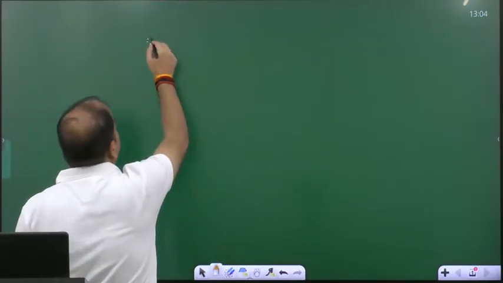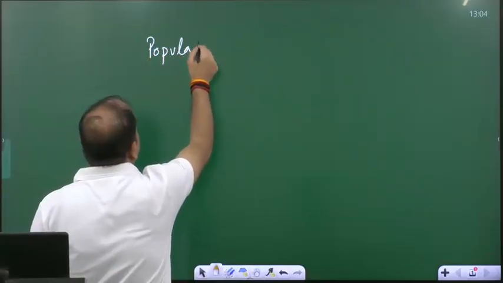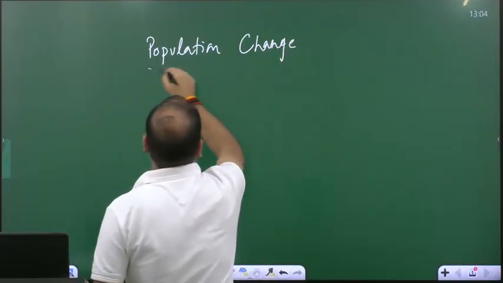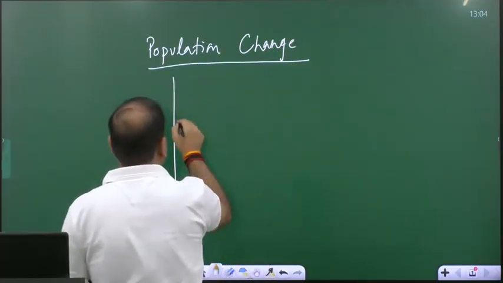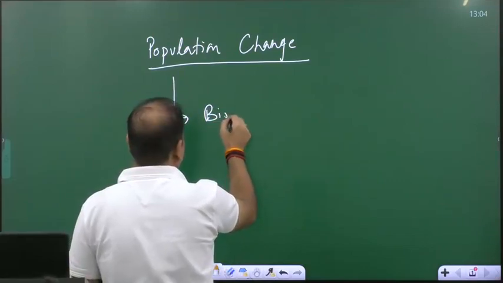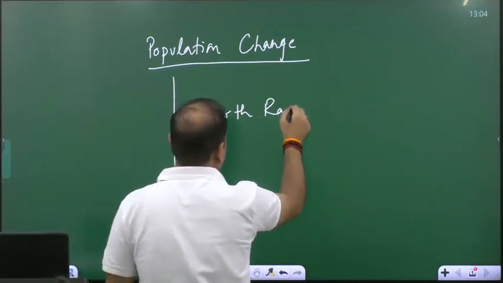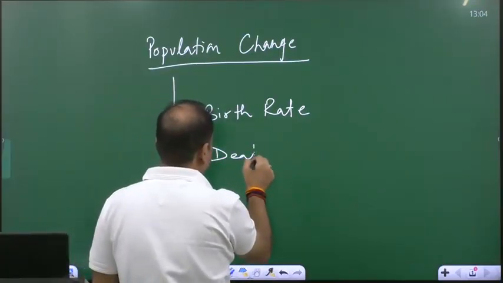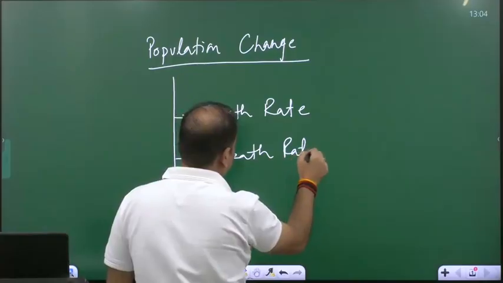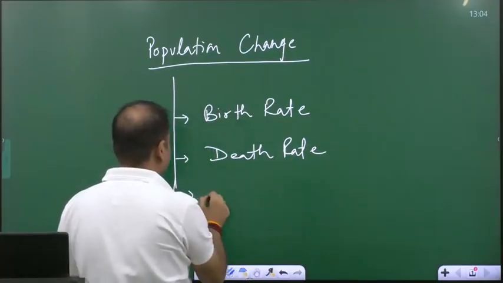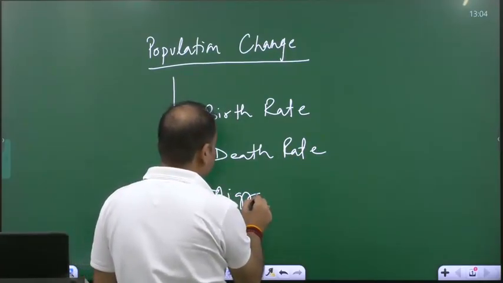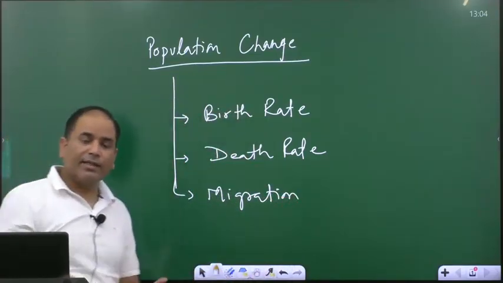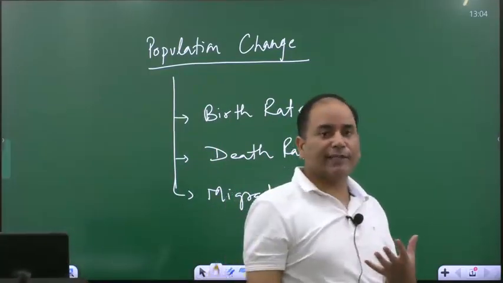So population change is associated with birth rate, death rate, and migration. These are the three important elements of population change.